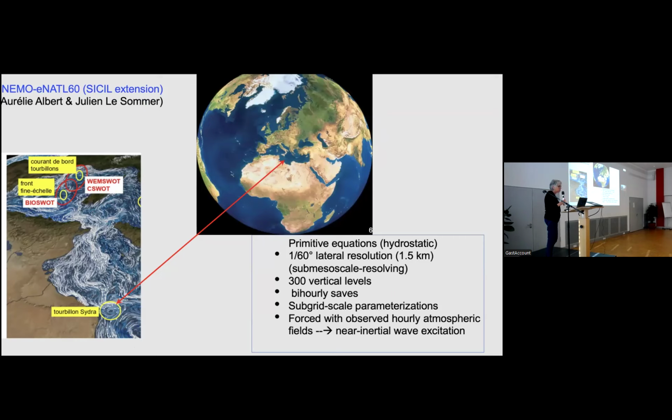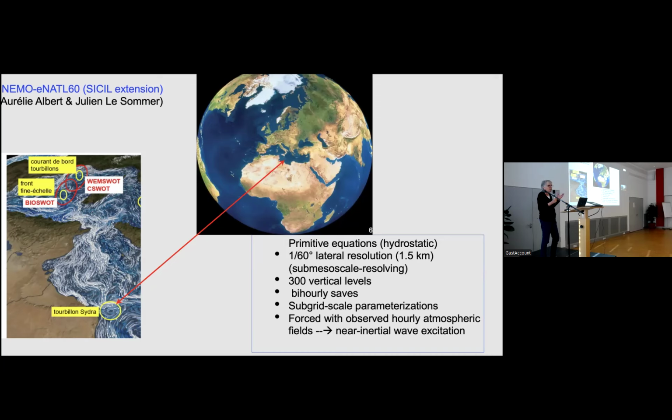So we were focusing on the Mediterranean for a number of reasons. First of all, there are very high resolution simulations with NEMO of the Mediterranean basin. And the other good thing about the Mediterranean is that pretty much any dynamical phenomenon that you observe in larger domains, larger basins, is replicated in the Mediterranean on a limited scale.